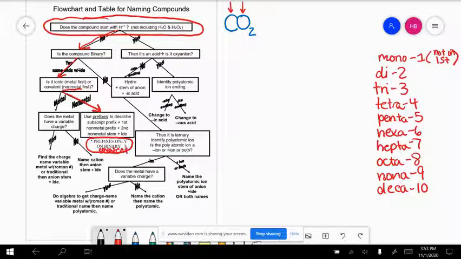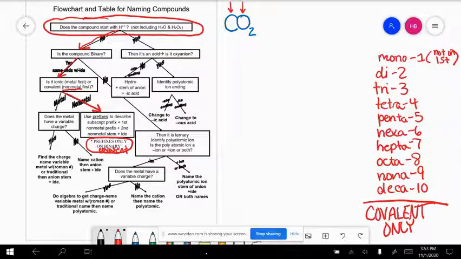So these are only for nonmetals involved in covalent compounds. So before you go prefix crazy, double check that you're involved in a covalent compound.